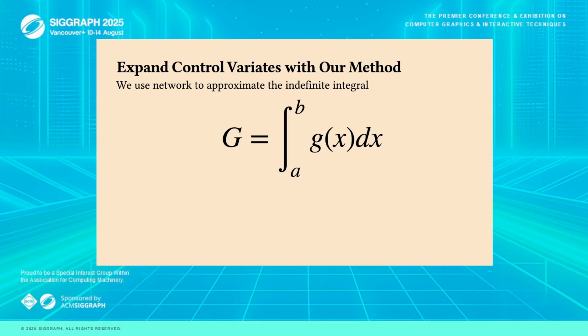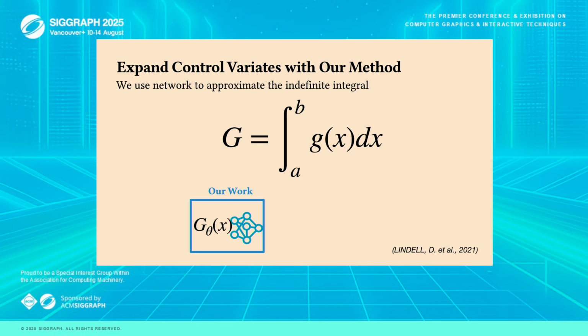Inspired by AutoInt, we train a neural network to approximate the indefinite integral of the control variate function. We can then evaluate the network at the boundary to get the integral and take the derivative to obtain the integrand. Now we can build a neural control variate with automatic integration right inside our Monte Carlo solver.